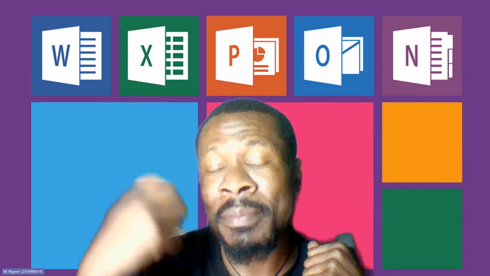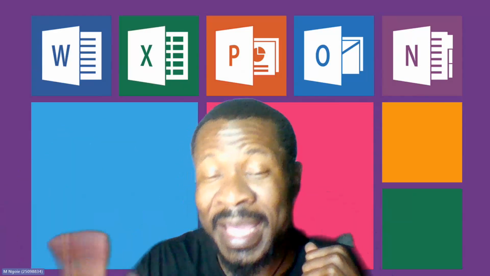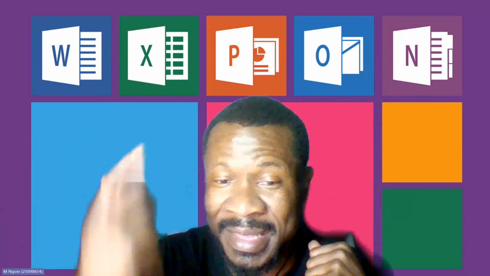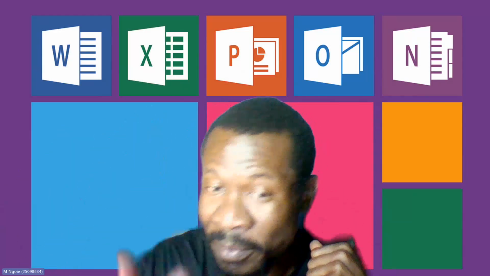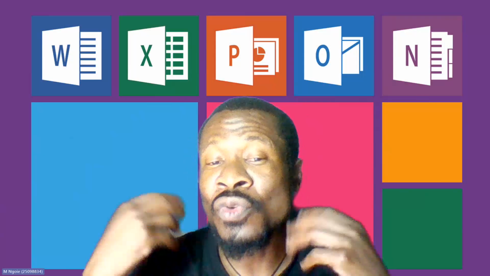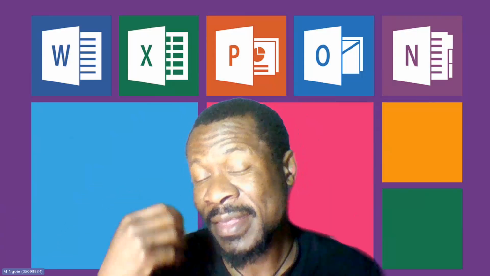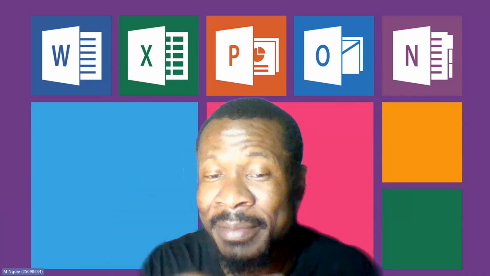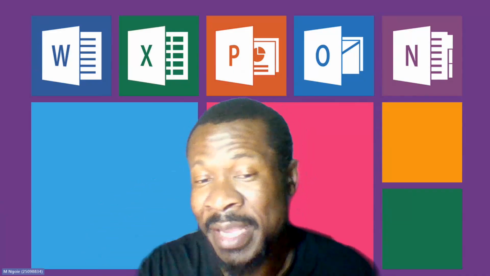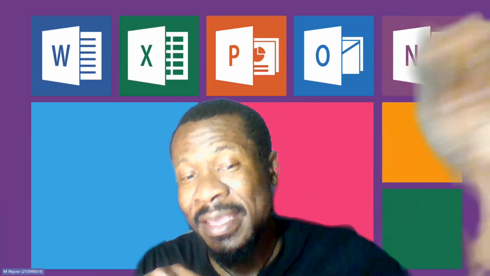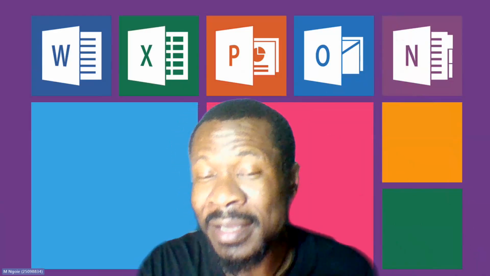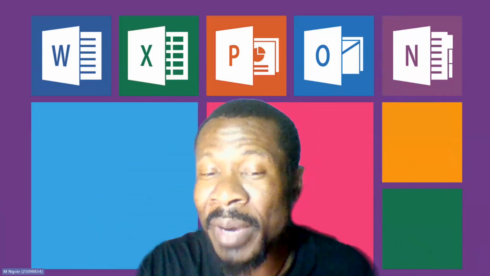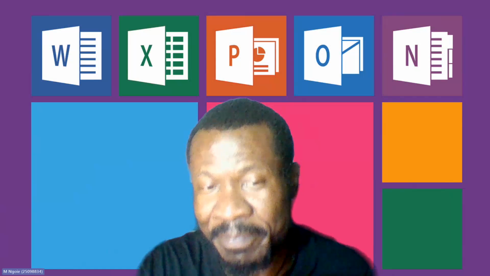I can create many worksheets, and every worksheet can save particular information, and you know what a cell is. A cell will allow me to enter my data, and when I'm entering my data inside my cell, I can see it in the formula bar, and I can go to my formula bar and make some changes.